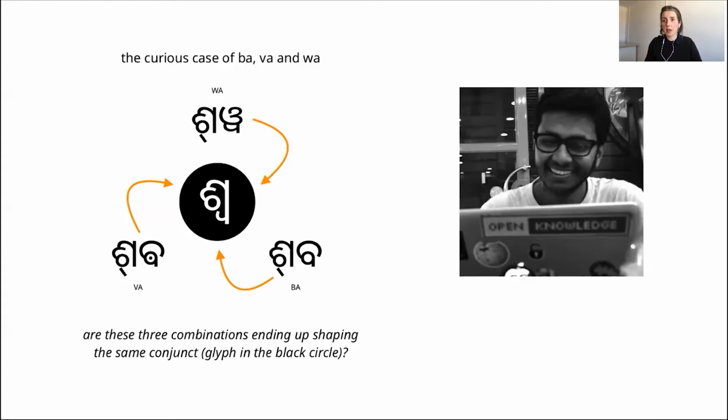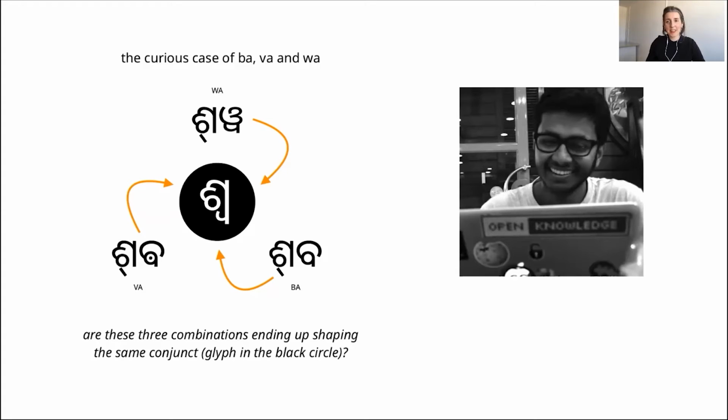I needed help. I used a Unicode Slack group to ask for help, and Shubhashish Panigrahi, who is working in the Odisha state for Wikipedia and is on the Slack group, helped me a lot in understanding exactly what was going on with these 3 different glyphs, because they were seemingly pointing to the same sort of result without being the same.